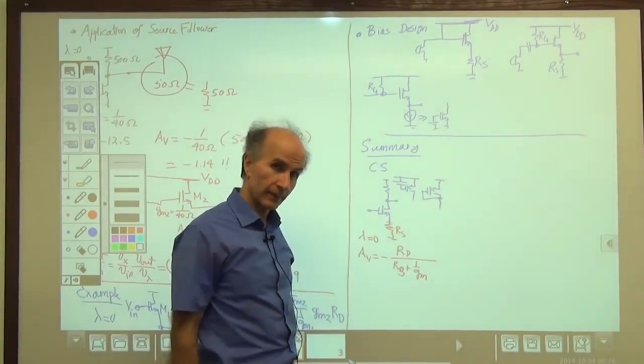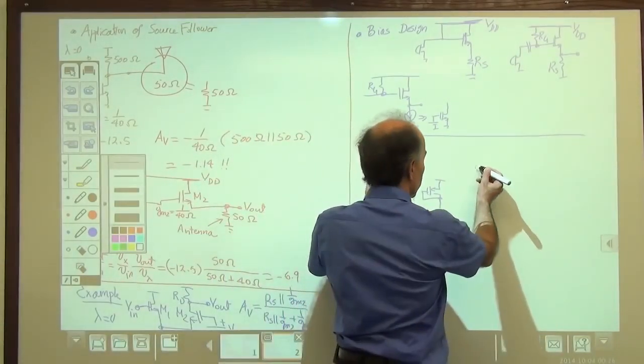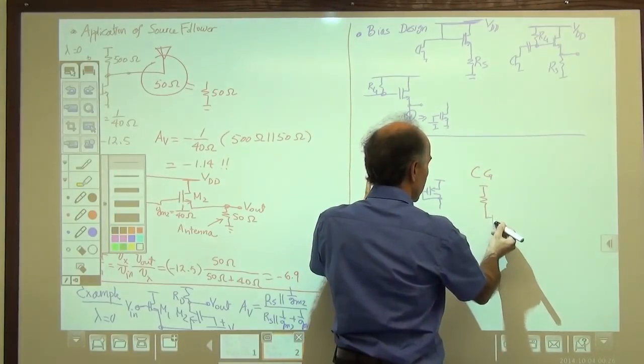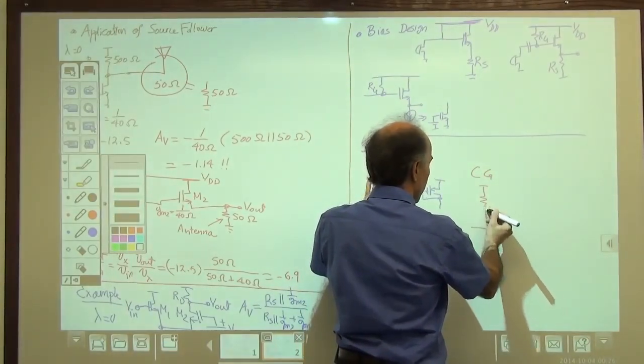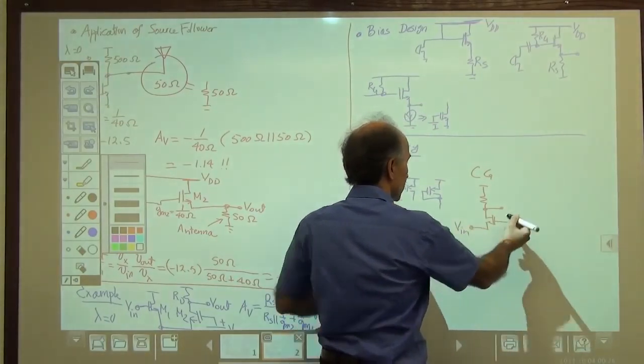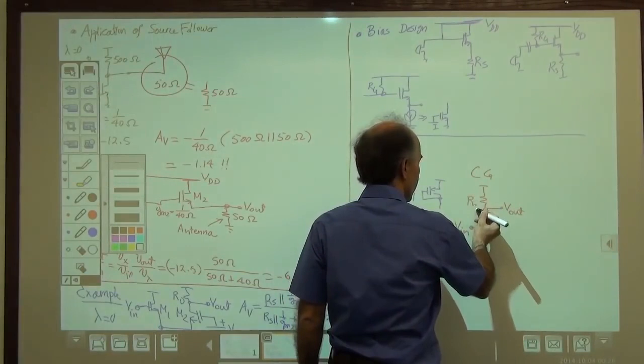Okay, then in addition to common source, we had the common gate stage. And in this case, the input is applied to the source and taken from the drain. So Vin is here, Vout is here, and there's a resistance.